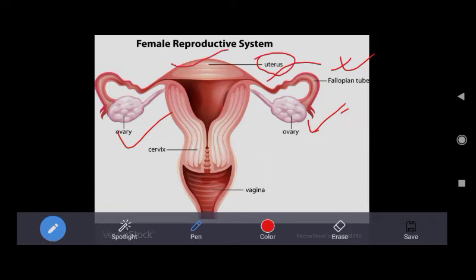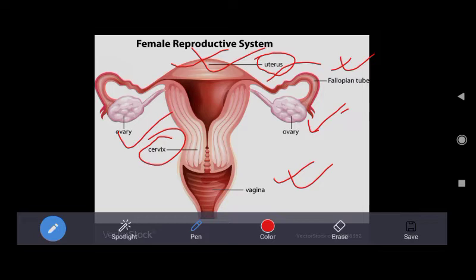Remember, students, first we will discuss the structure and then we will discuss the function of the different parts. The uterus then opens into the narrow part, the vagina, through an opening which is called the cervix. So let me tell you about the parts again. A human female has a pair of ovary.